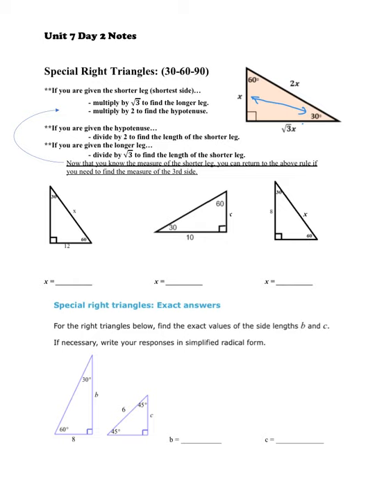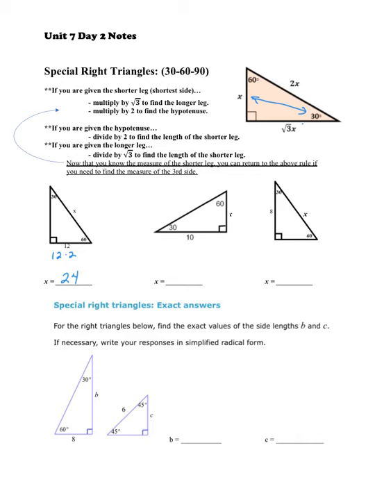You learned that in Unit 3. The shortest leg is opposite the smallest angle. So here, the shortest leg is 12. To find the hypotenuse, I multiply by 2, so x is 24. 12 times 2.